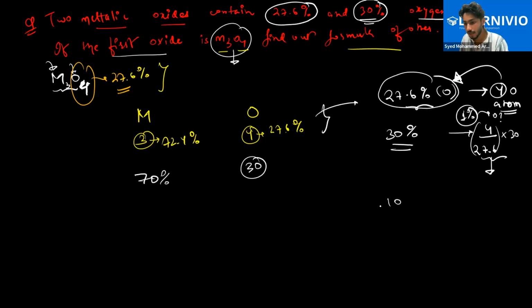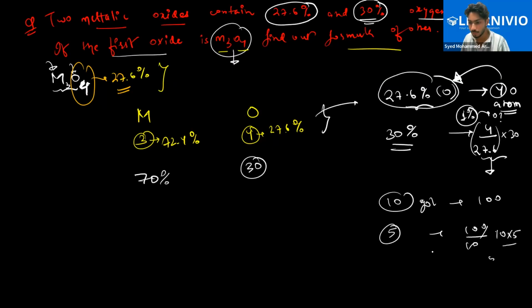Like, let's say I'm having 10 golgappa whose price is 100 rupees. If I want to know the price of 5 golgappa, what will you do? You will just divide 100 by 10, so you'll get 10 and then multiply by 5. You will get 50. So the price of 5 golgappa will be 50. In a similar way, in 27.6 percentage, 4 oxygen atoms are there.